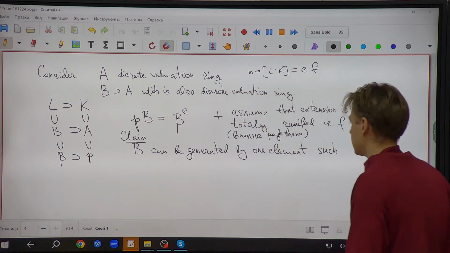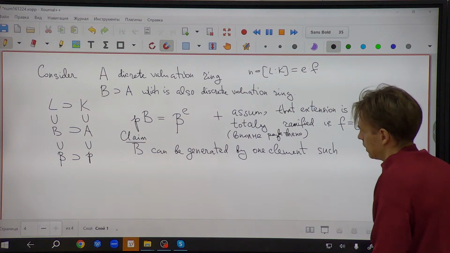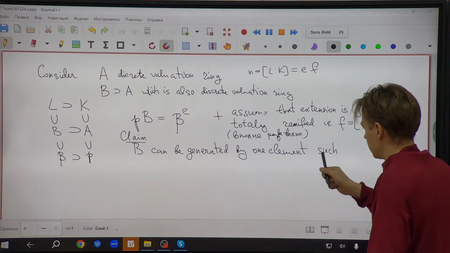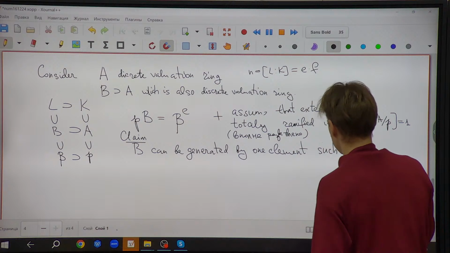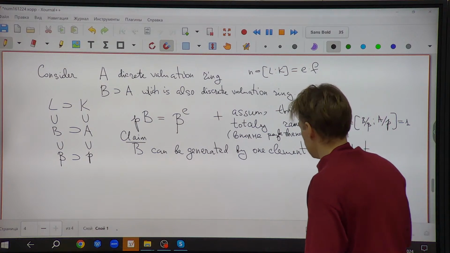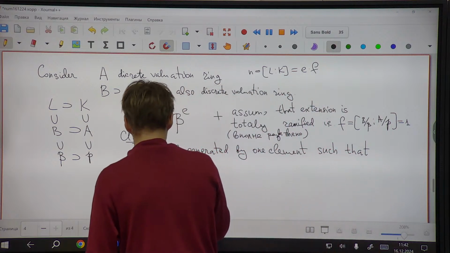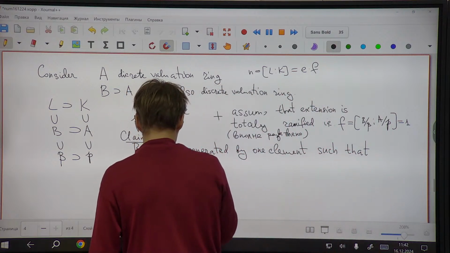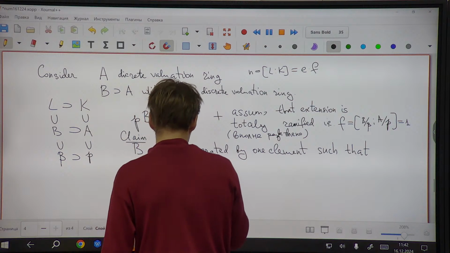And the claim is that B can be generated by one element, a uniformizer of B, such that the ideal generated by P is equal to this ideal B.